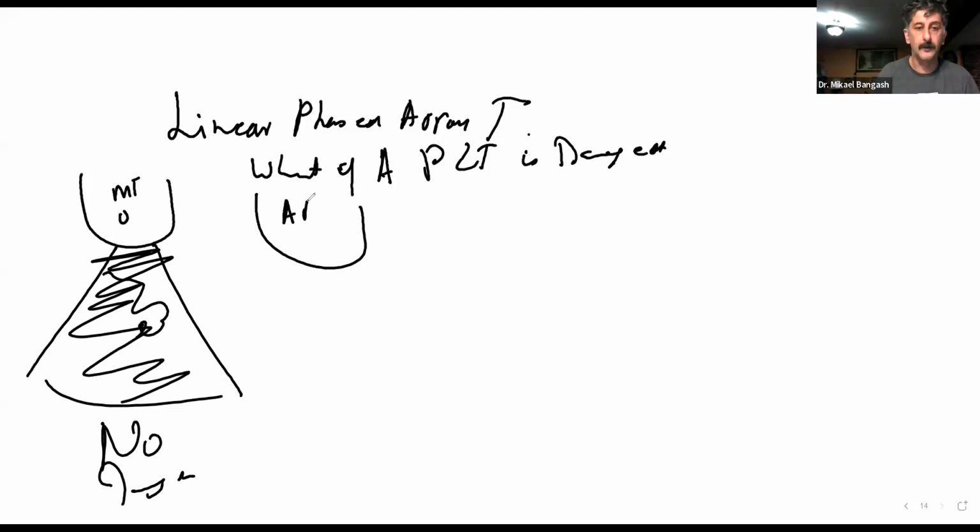In our annular phased array transducer, we may have multiple PCTs. And we said yes, this was responsible for focusing at this depth, this depth, this depth, and this depth.